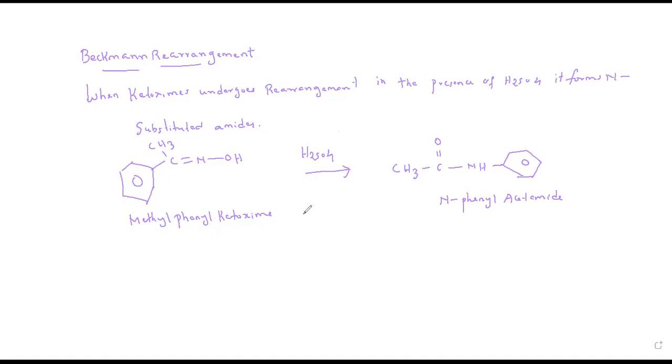So when ketoximes are converted into N-substituted amides in the presence of sulfuric acid, you can call it Beckmann rearrangement. Coming to the mechanism of this reaction.